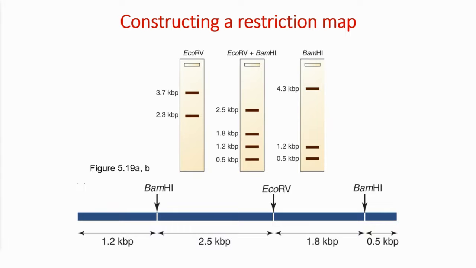Then we have to find a combination: which combination gives you 3.7, and which gives you 2.3? From the double digestion, we can see these two, 1.8 and 0.5, give you 2.3, and 2.5 and 1.2 give you 3.7. So let's suggest these two fragments come from this fragment, and these two from that fragment.